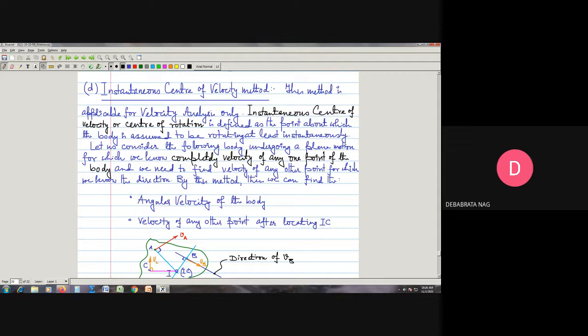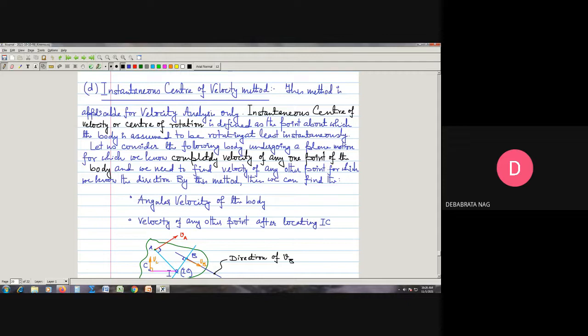So for this GPM, that means the general plane motion of a rigid body or a system of rigid bodies, this instantaneous center of velocity or center of rotation is basically applicable. We assume that the body is rotating about this center, and we call it the center of rotation.